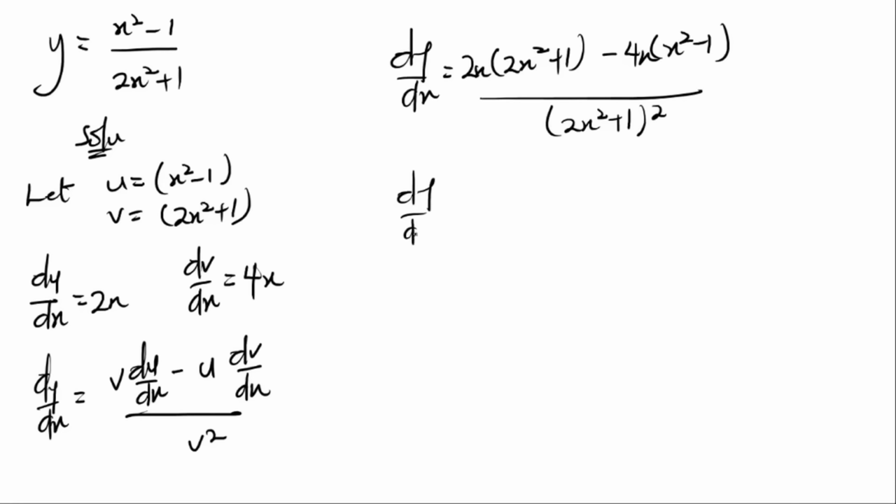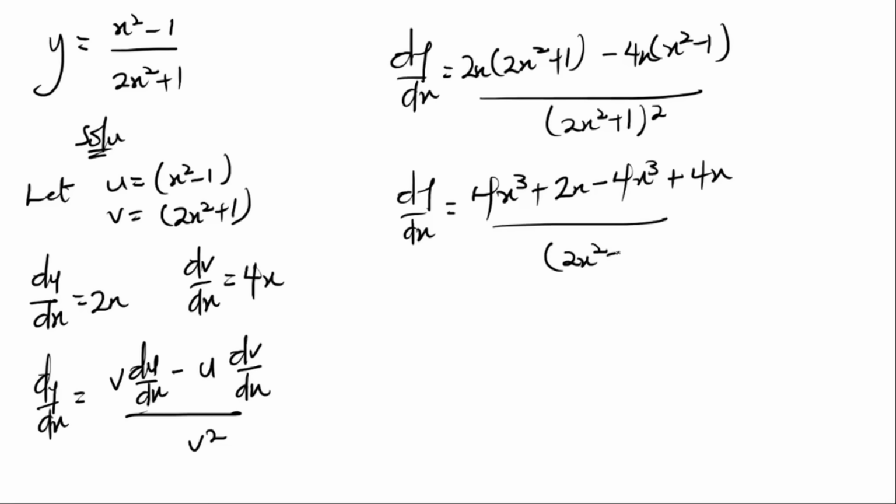So we now have to simplify. If we multiply through, 2x multiplied by 2x squared gives 4x cubed. Then this multiplied by this gives plus 2x. Then we have minus 4x cubed, and this multiplied by this gives plus 4x over here, all over 2x squared plus 1 all squared.